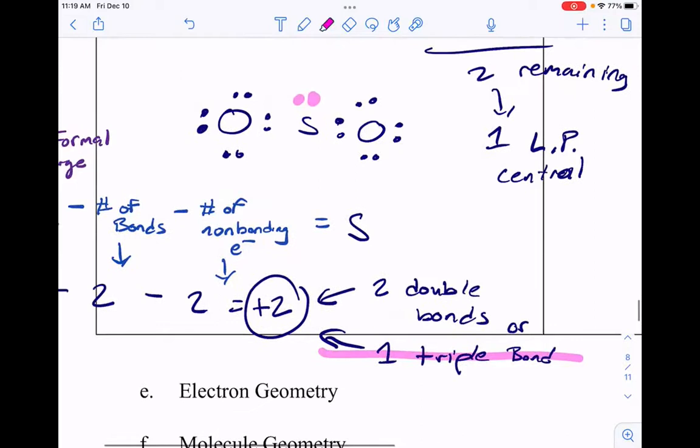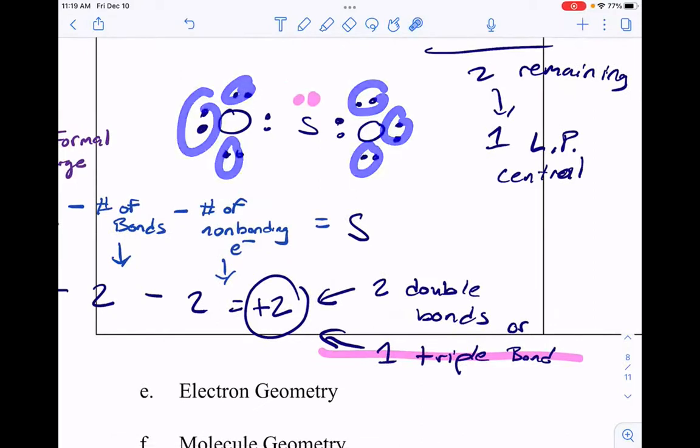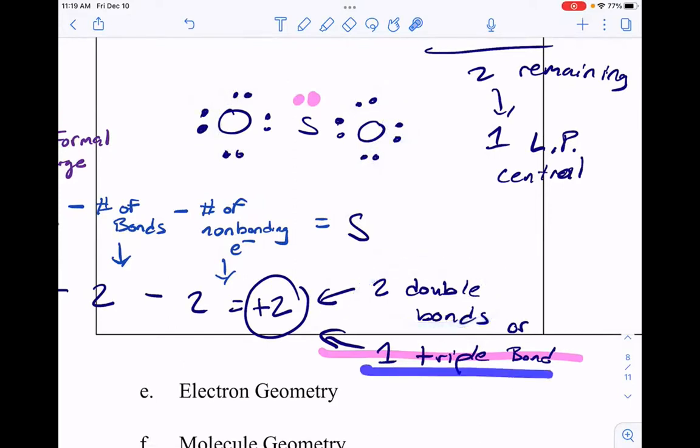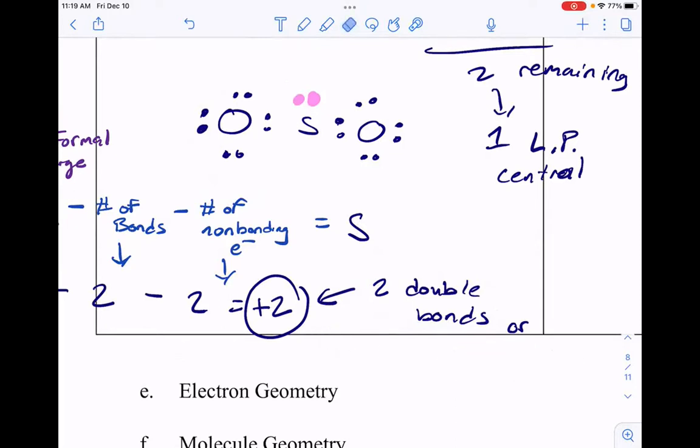Okay. So the more sources of lone pairs you have in the surrounding atoms, the more likely you're going to form double bonds versus triple bonds. Does that make sense? Okay. And so I'm going to go ahead and erase this triple bond.